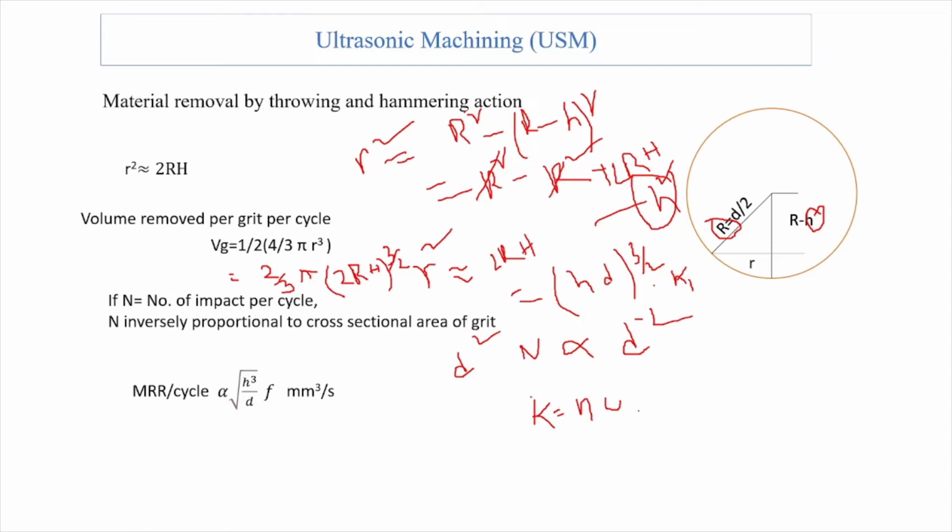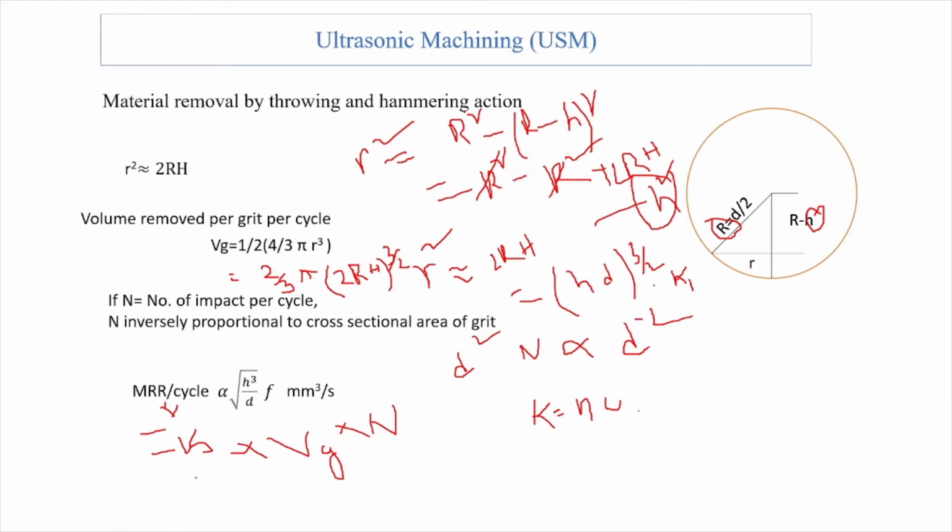So we denote it as K. Then MRR per cycle will be K into Vg, which we have already calculated, into the number of impacts, that is N.